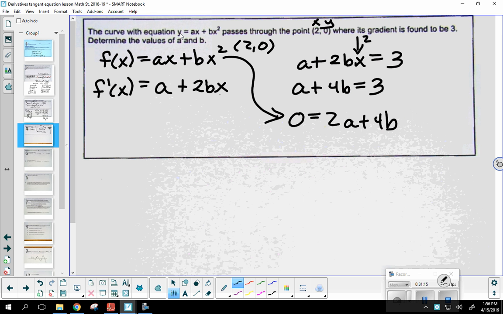So this one, I actually think the setup was probably a little more difficult than the math that goes with it, just getting to that point.